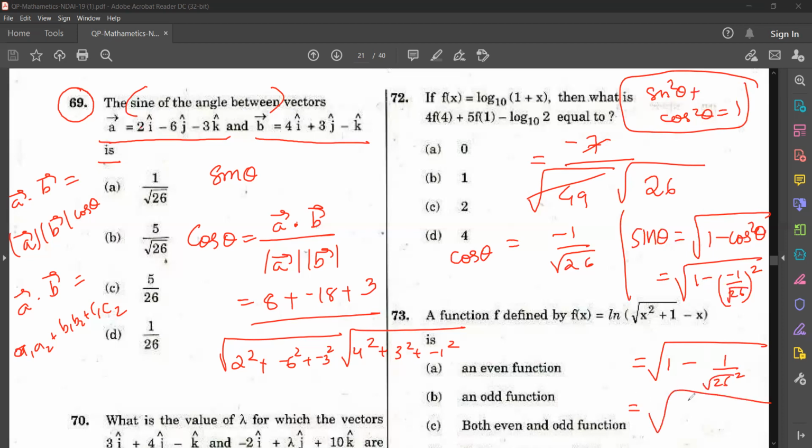So that is root of 26 minus 1, that is 25 by 26. That is nothing but 5 by root 26. Option B is the correct answer, 5 by root 26.